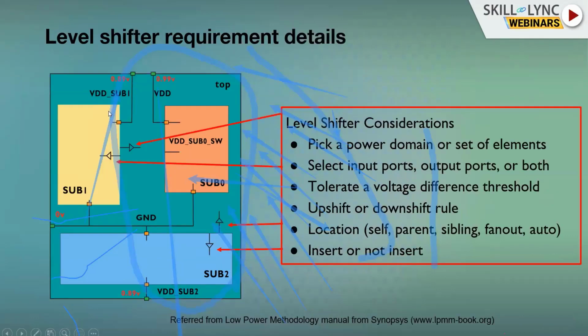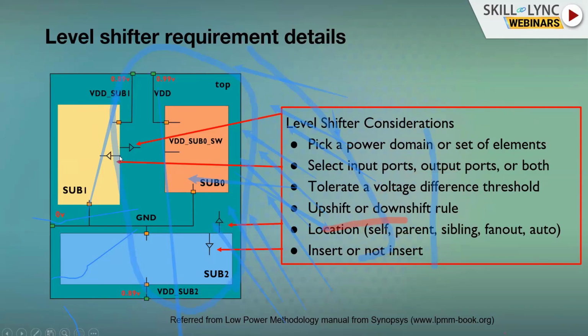Next step, once we have the supply, we should tell where our level shifter requirement details are. If you see here, these voltages are differing, 0.89 to your 1 volt. That is the reason we want a level shifter here. And whenever you have signals coming from 1 volt to 0.89, you're putting a level shifter here.